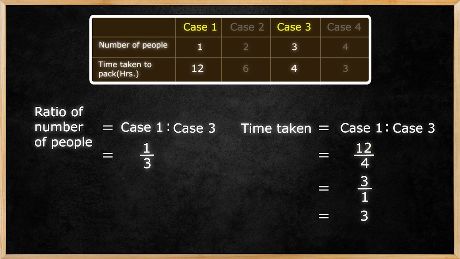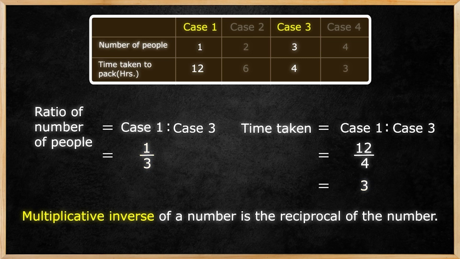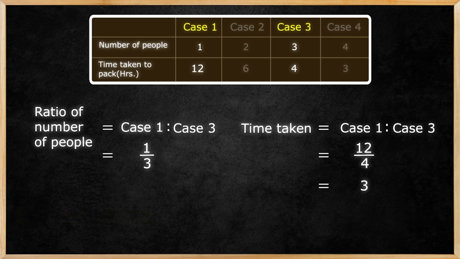As you can see, 1/3 and 3 are also multiplicative inverse of each other. In fact, you can check the ratios from any two cases. You will find that the ratio of the number of people will always be the multiplicative inverse of the corresponding ratio of the time taken to complete all the packing.